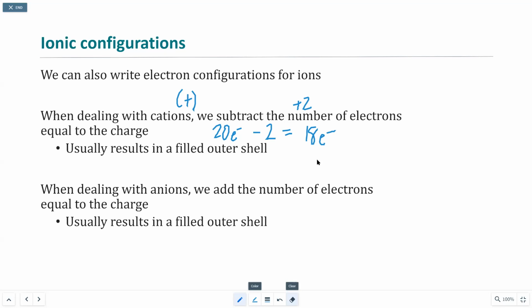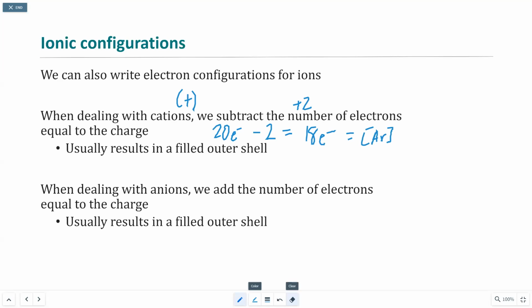Then all you have to do is write the electron configuration for the element that has 18 electrons, which in this case would be argon. More often than not, we'll find that a filled outer shell, a noble gas configuration, will be the result of this ionic configuration.